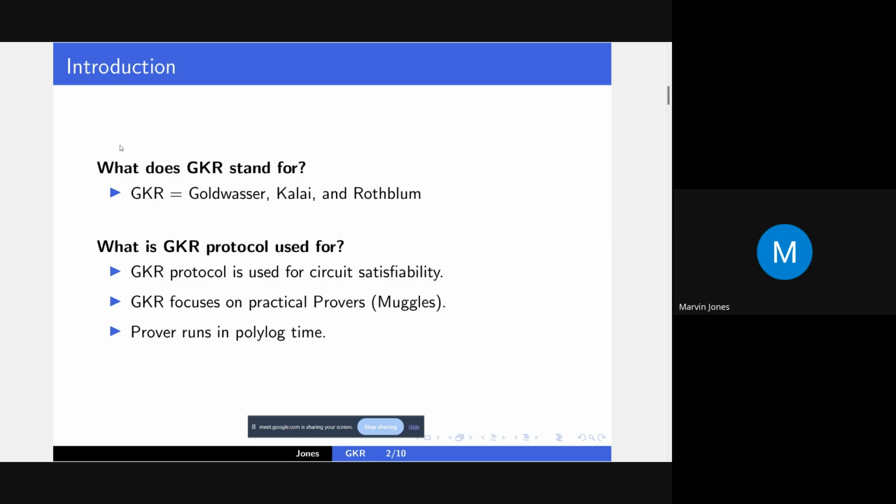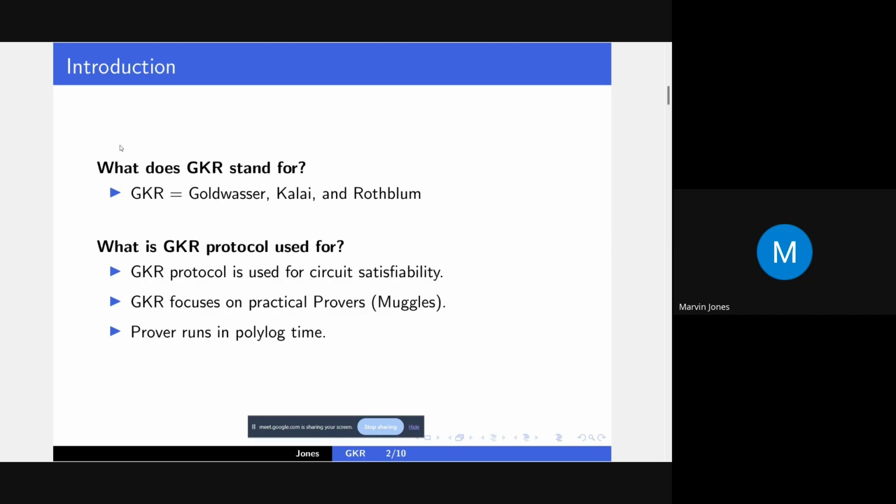I've not read the Harry Potter books, but apparently that's a term from Harry Potter. It's a play on the fact that at the same time that ZK proofs were being developed in the 80s, there was a parallel idea in interactive protocols in general called Arthur-Merlin proofs, where Arthur was the verifier and Merlin was the prover, Merlin being all powerful.